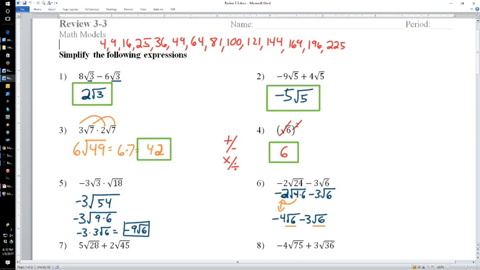So negative 4 minus 3 is negative 7. Negative 7 times the square root of 6. All right, so just because they start off not having the same radical does not mean you can't reduce it and combine them. All right, here we go.